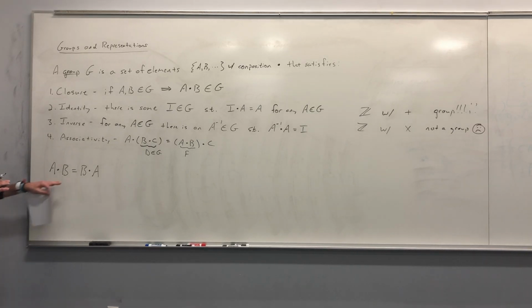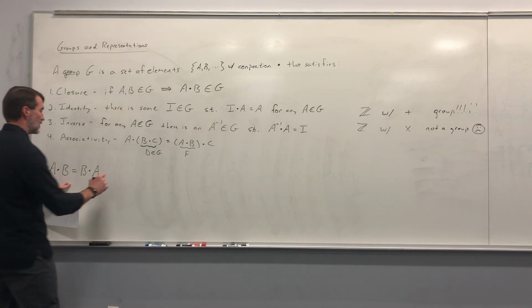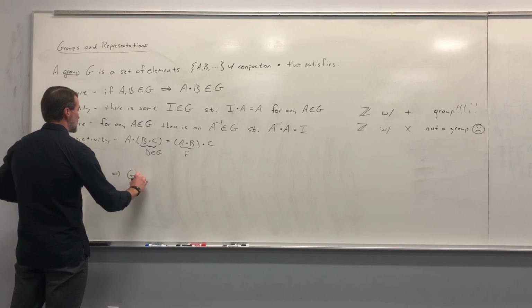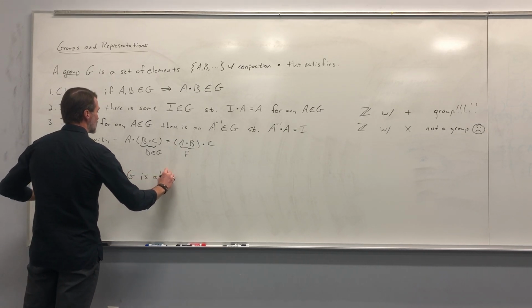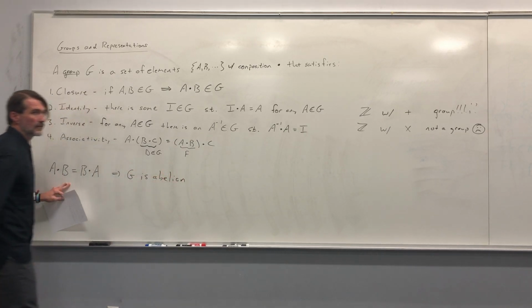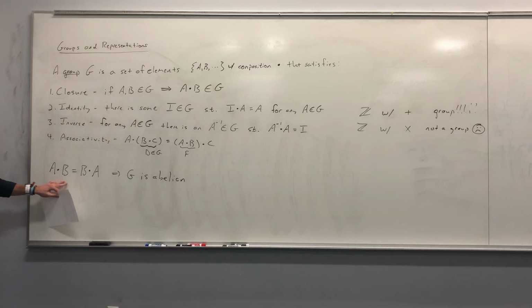If this is true, then G is what is called an Abelian group. That is, if I take any two elements and I compose them, I'll always get the same element if I reverse the order of the two elements before I compose them.